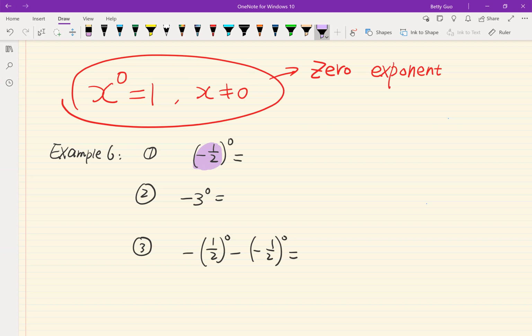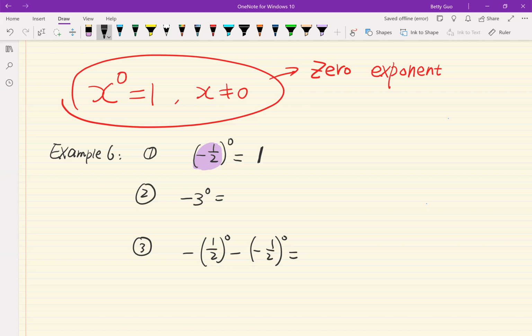Yeah. Look at number 1 again. What's the value of the power? Exponent is 0, right? Yeah, it's 1, of course. If the exponent is 0, as long as the base is non-zero, then the power equals 1. Do you see that?